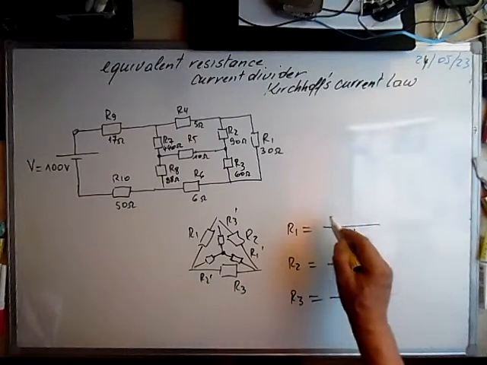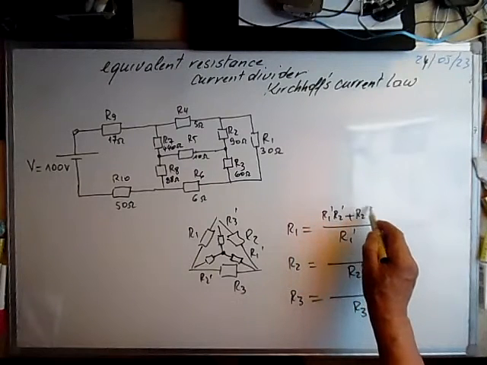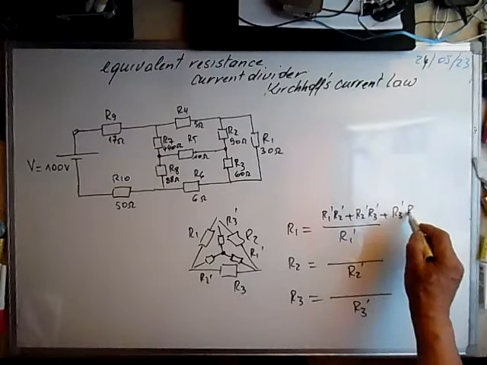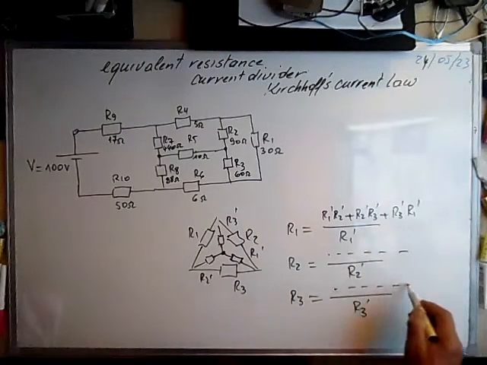And on top will be R1 prime R2 prime plus R2 prime R3 prime plus R3 prime R1 prime. Same thing here and same thing here.